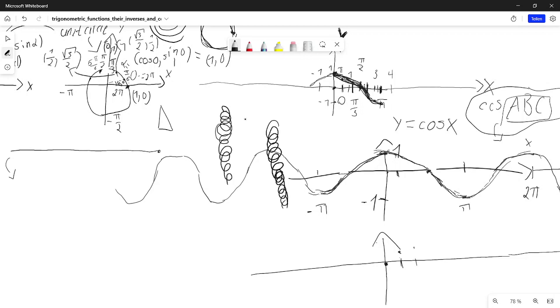And now we have 1/2 again at what? Well, here we had pi divided by 6. Here we have 3 pi divided by 6. Here we would have 4 pi divided by 6 somewhere here.